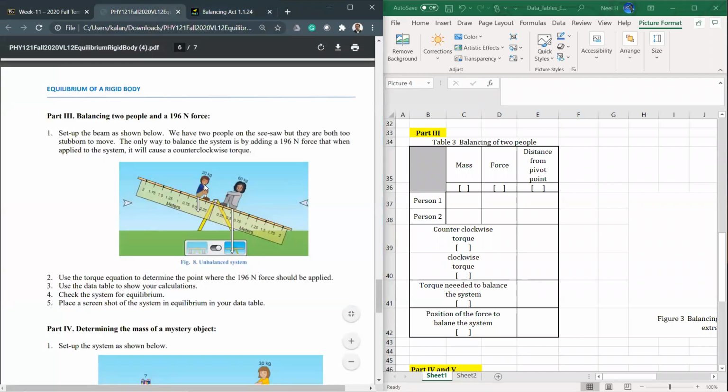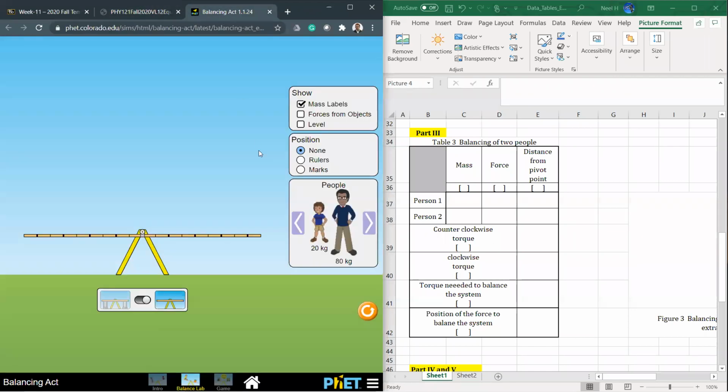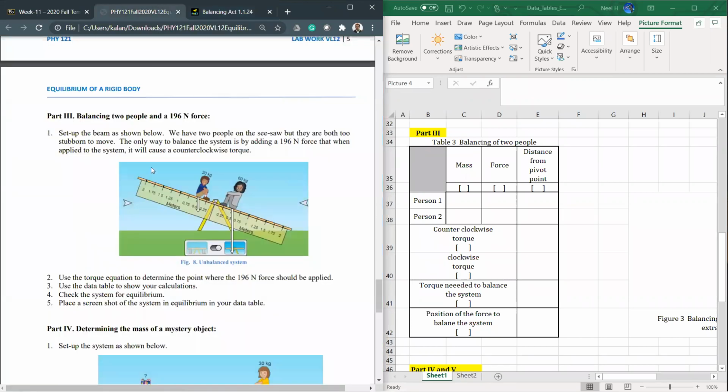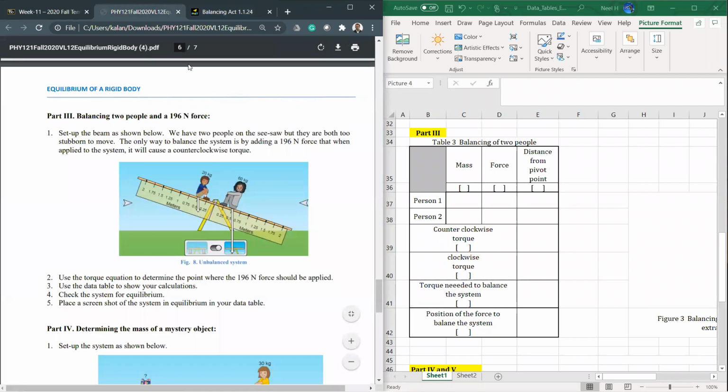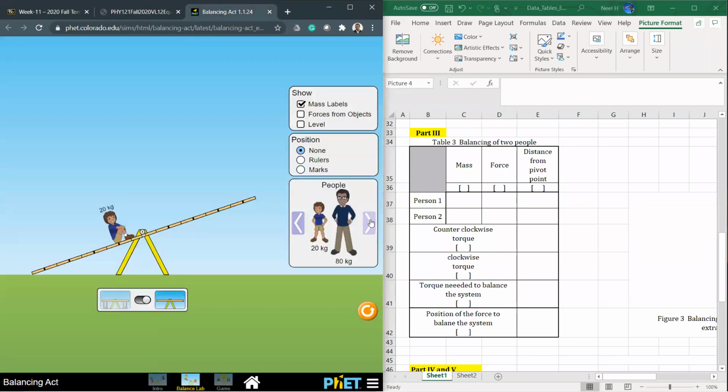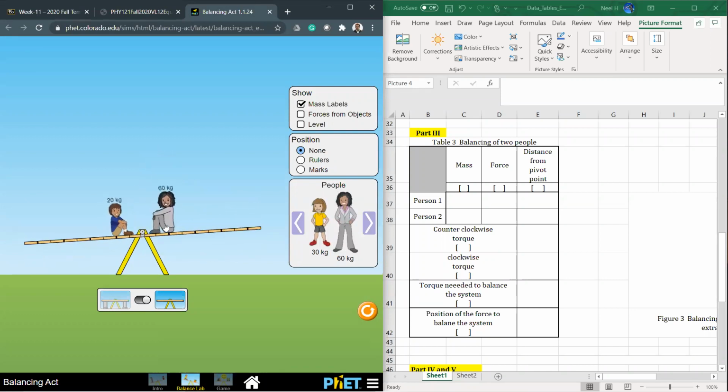The people here are 20 kilogram and 60 kilogram, right? So I need to find them. Do I have a 20 and 60? I have a 20 kilogram person here at 0.5 location. The other person should be 60 kilogram right here at 0.5 location.